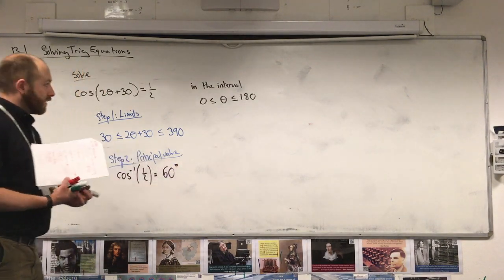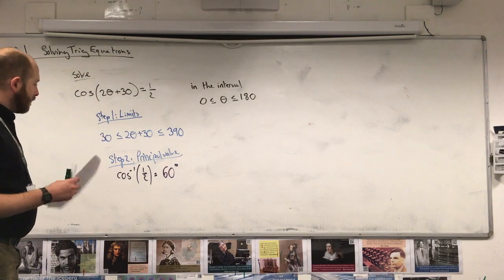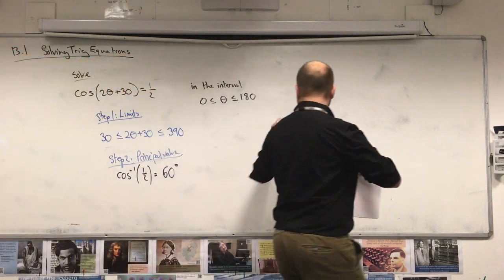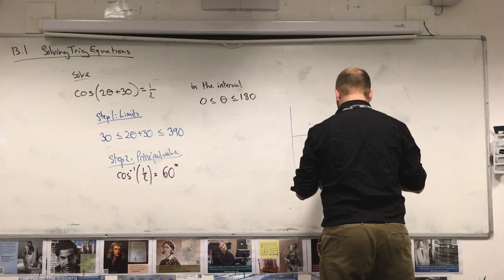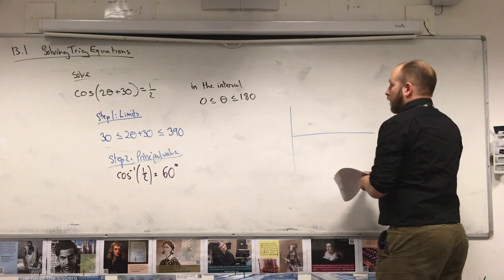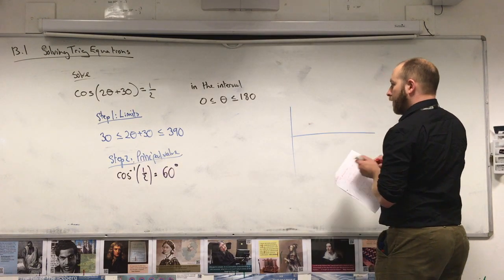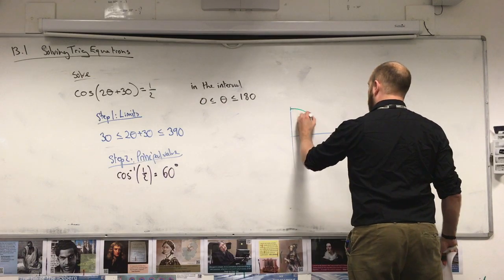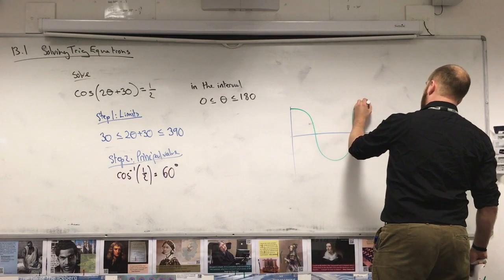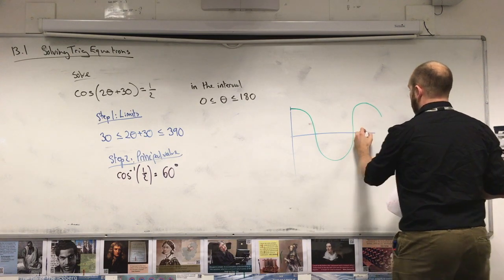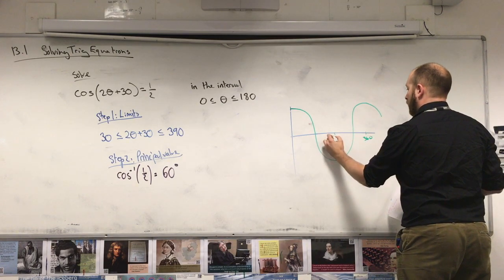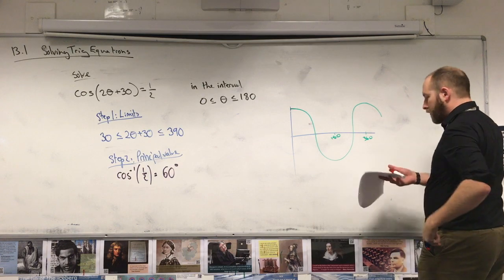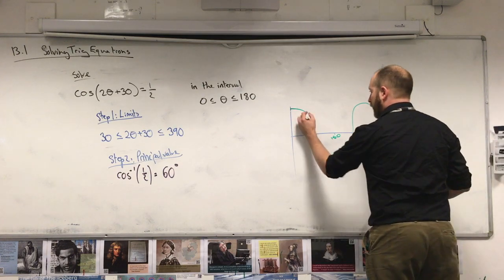So 60 is what I'm looking for in this interval. So the limits are from 30 to 390. So let's just sketch the whole of cos, an extra little bit. And my first value was 60. So let's put that in.